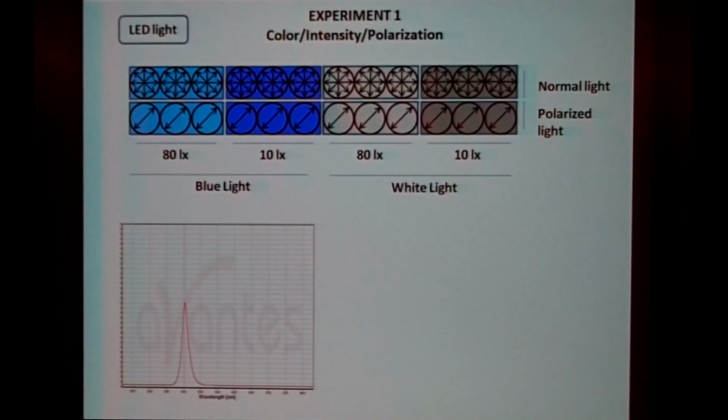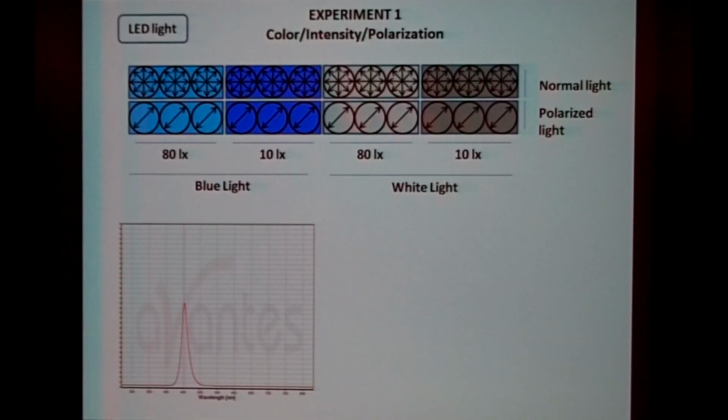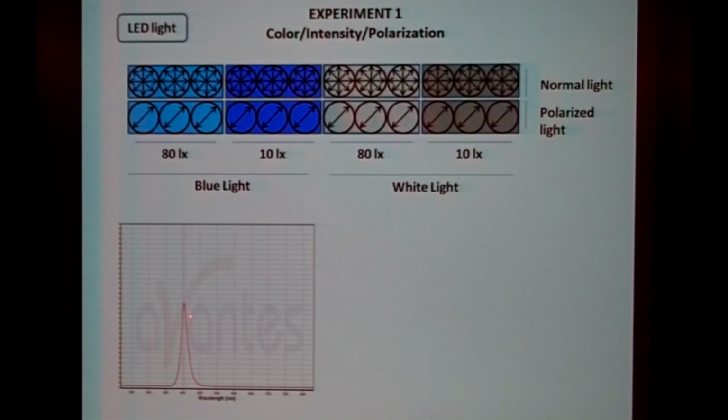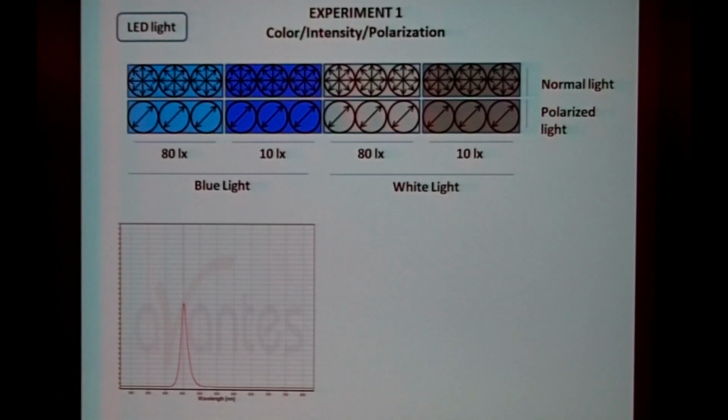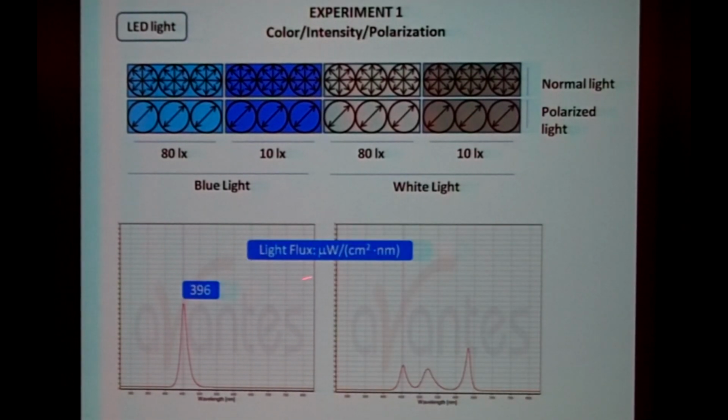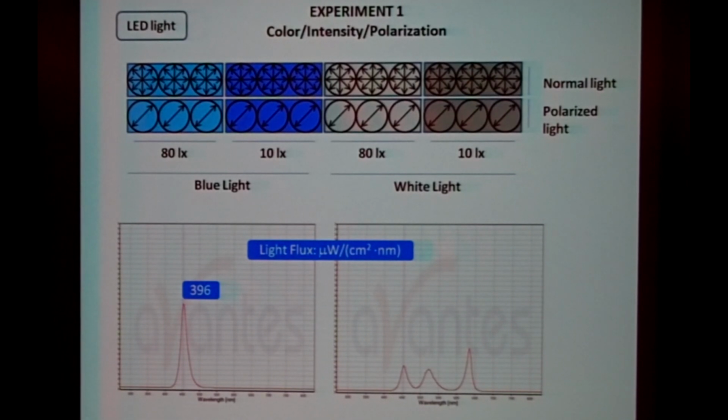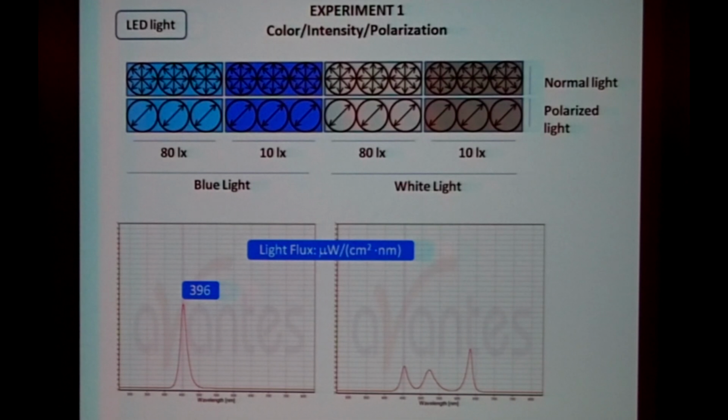In this case, we used a radiometer to compare the measures, because the measure is like flux, which is the correct way of expressing light intensity.